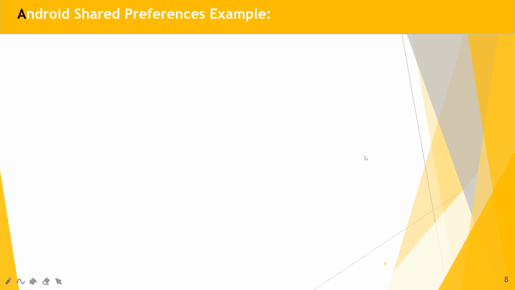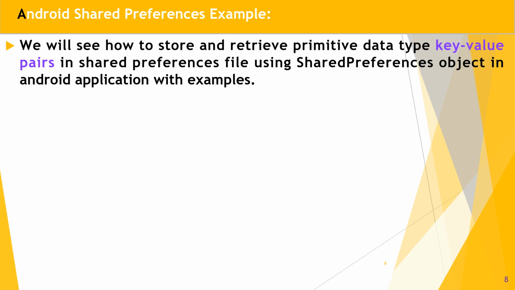So it's now time for an example. We will take one example based on Android shared preferences. We will see how to store and retrieve primitive data type key value pairs in the shared preference file using the shared preference object in an Android application.